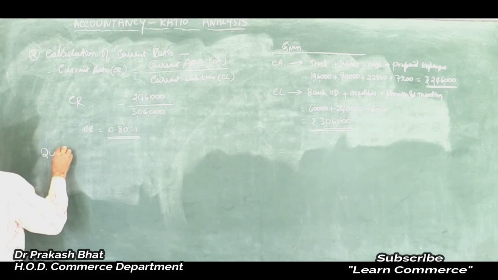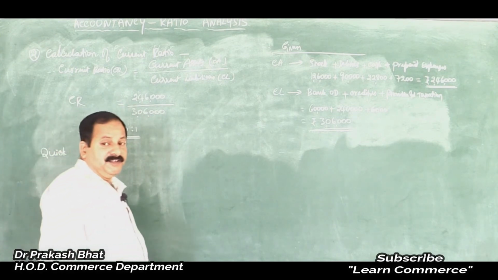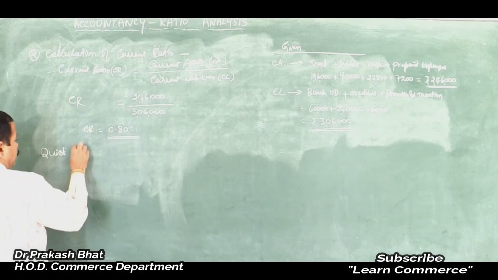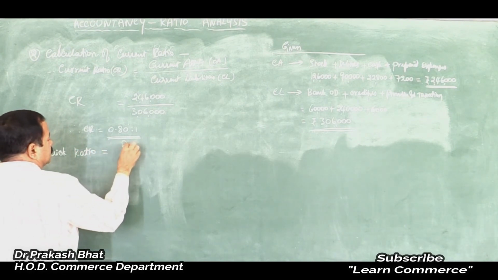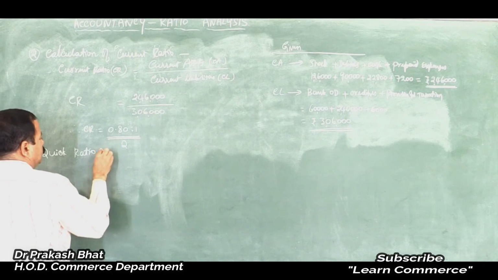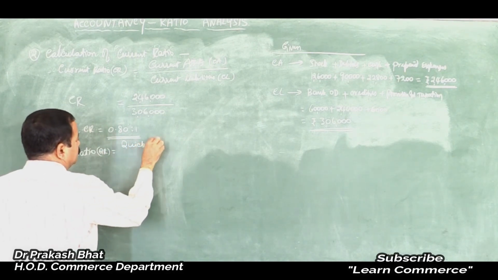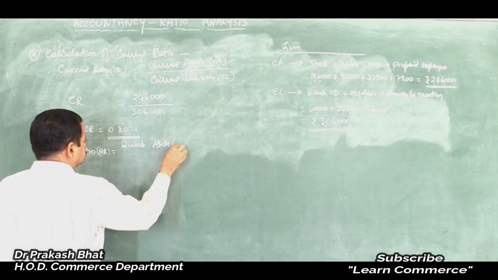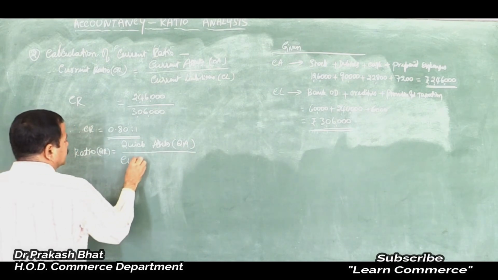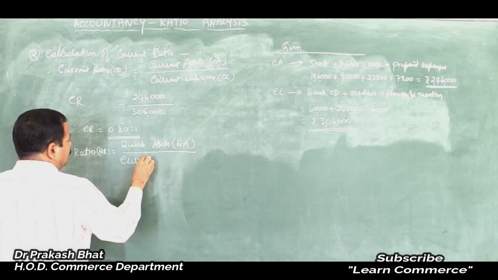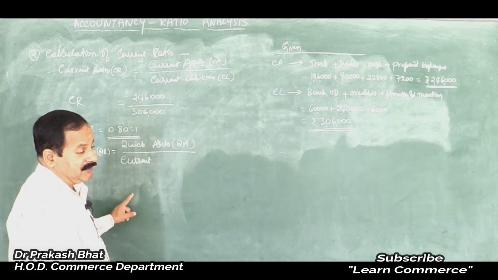Now next, they told us to calculate quick ratio. Quick ratio, or the other names liquid ratio or acid test ratio. Quick ratio is equal to, write the formula first. QR is equal to quick assets or liquid assets divided by current liabilities. Remember friends, by mistake in the examination some students write quick liabilities and it is wrong.